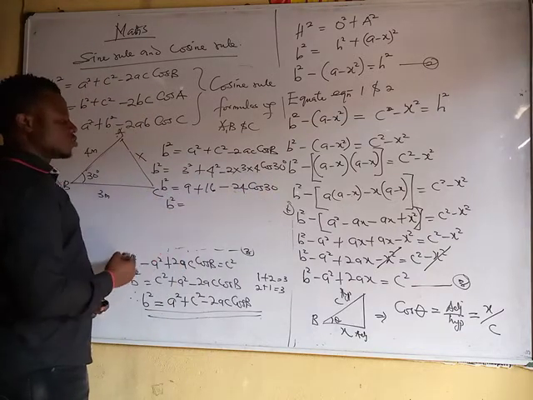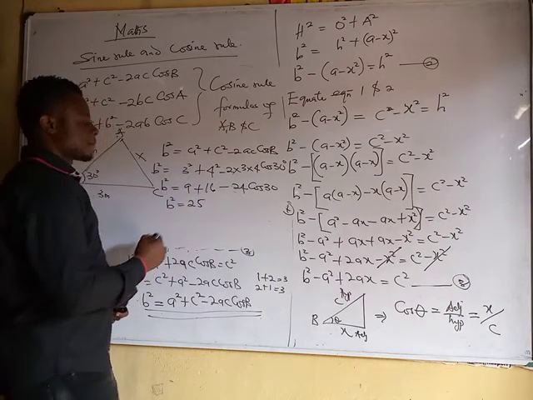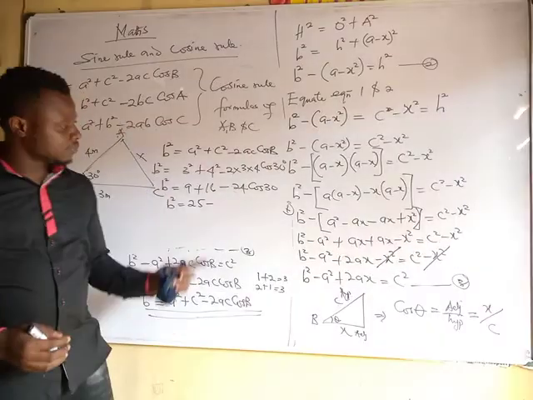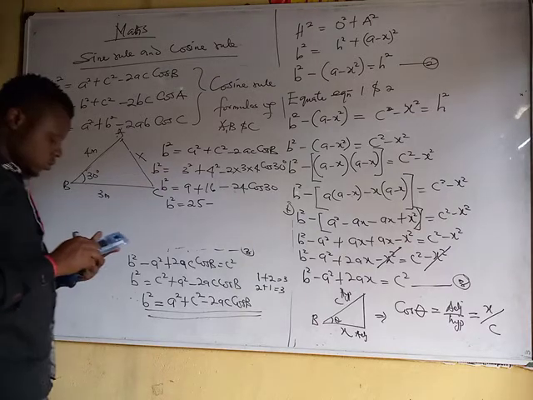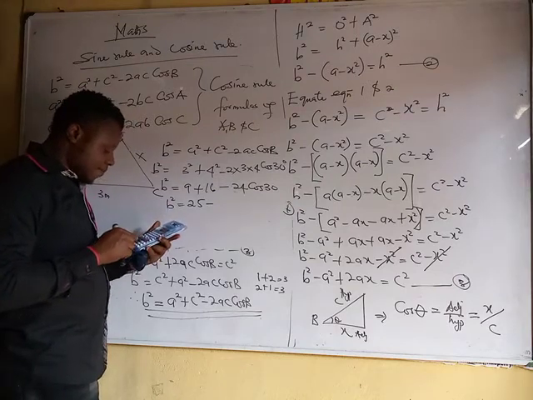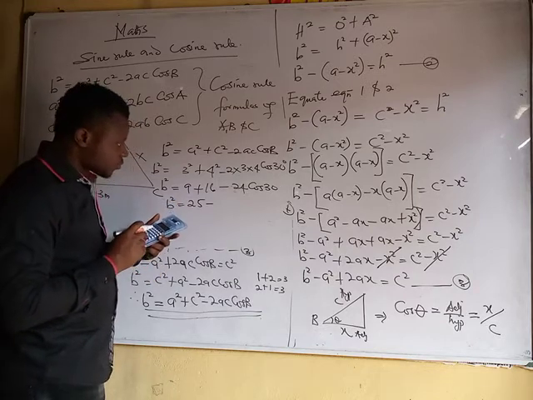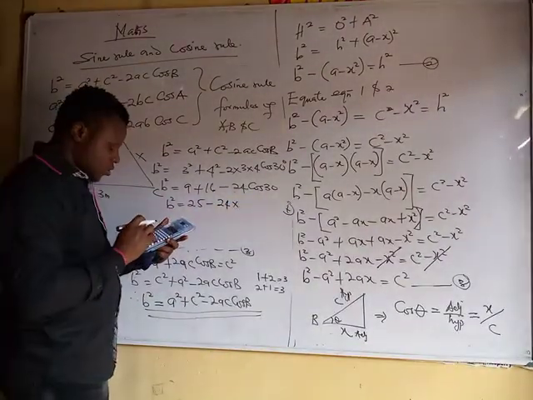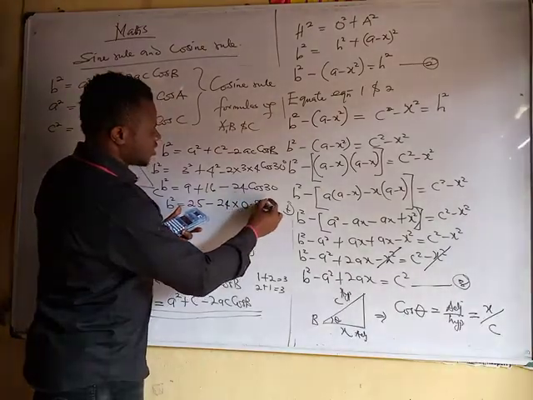So our b square is equal to, 9 plus 16 is 25, minus 24 times cos 30. Cos 30 is 0.8660.